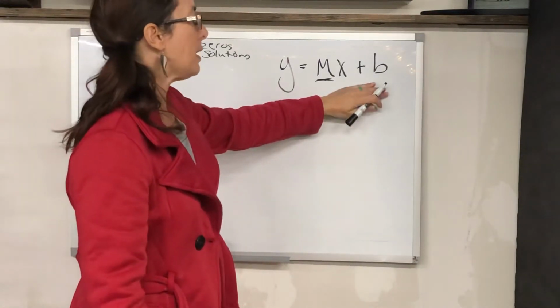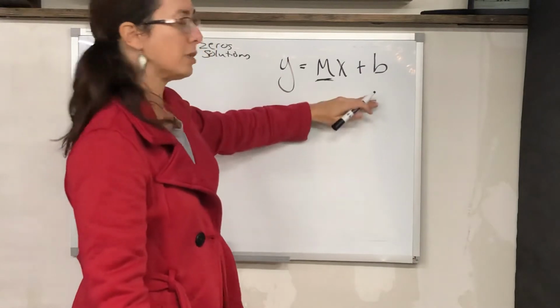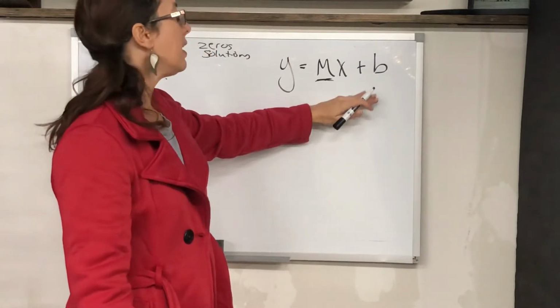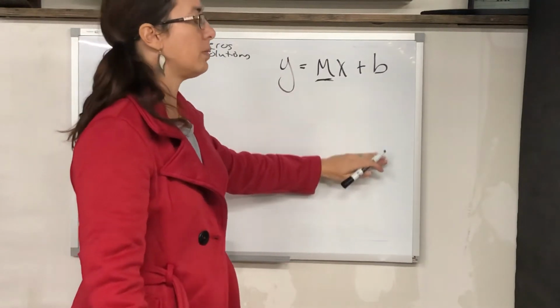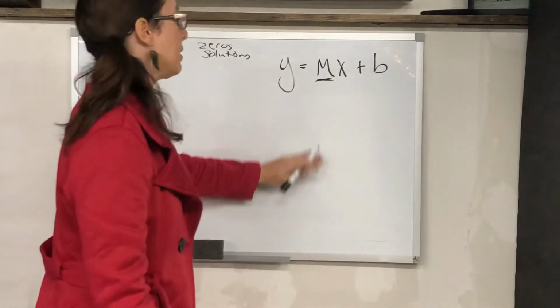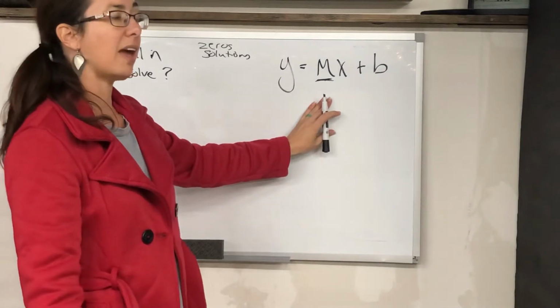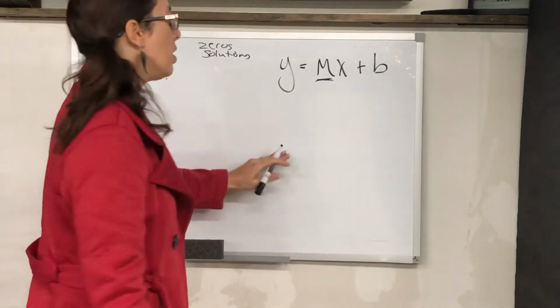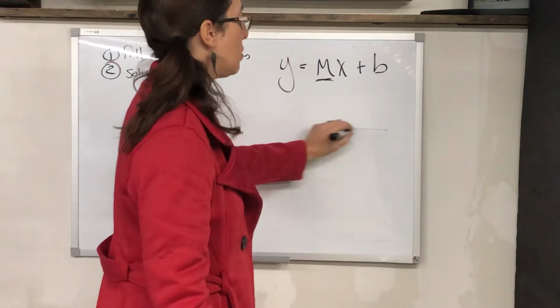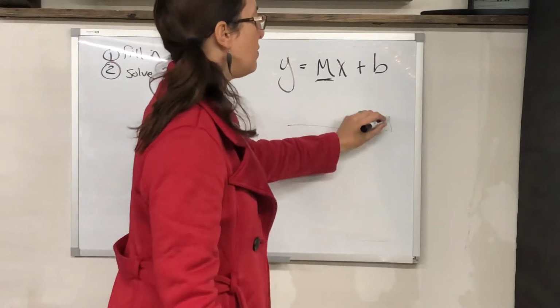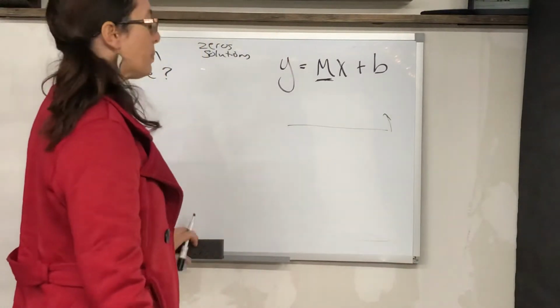So if our b is positive, then our line is going to move up on the coordinate plane. If our b is negative, our line will move down on the coordinate plane. We've also seen that our slope is dependent upon how it relates to the number 1. We looked specifically between horizontal lines and then moving up because our slope was positive.